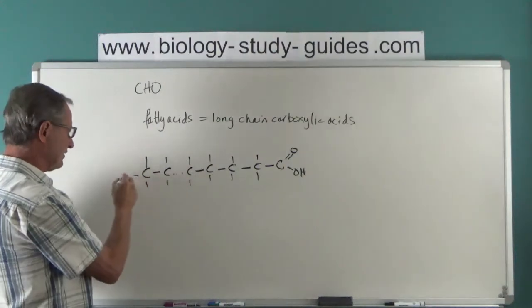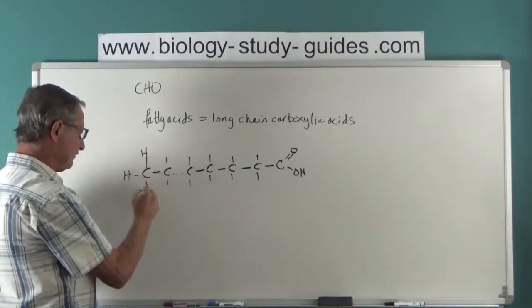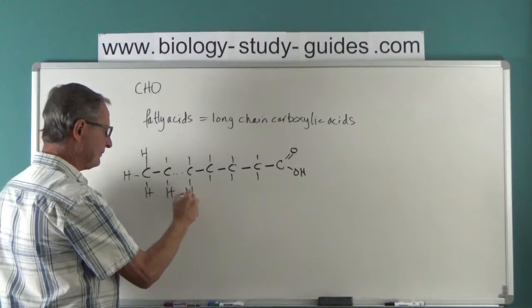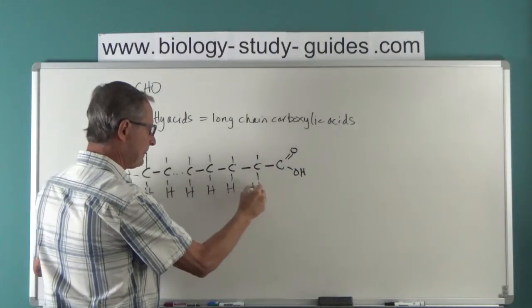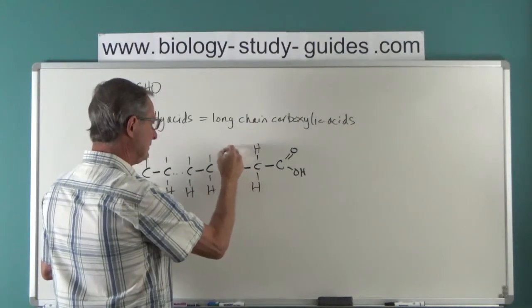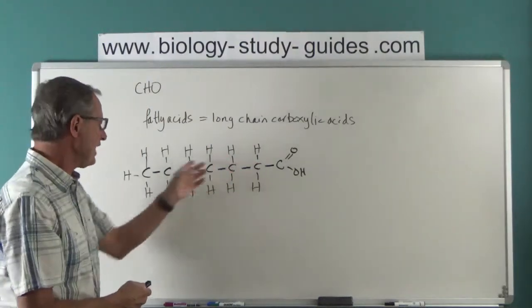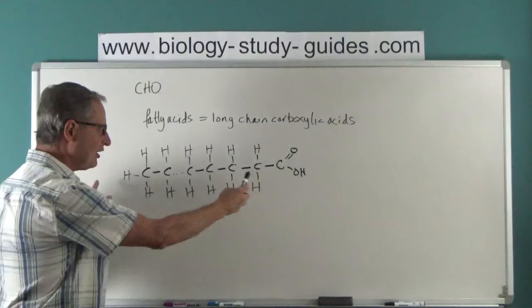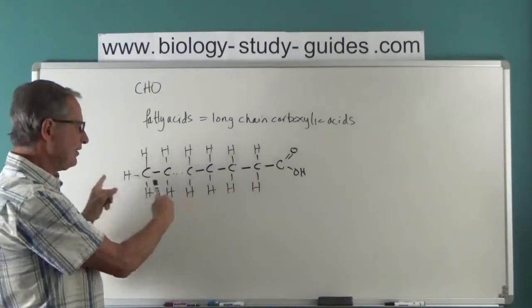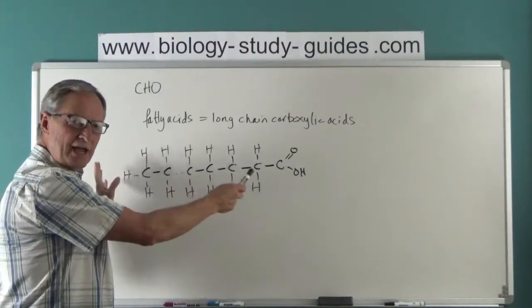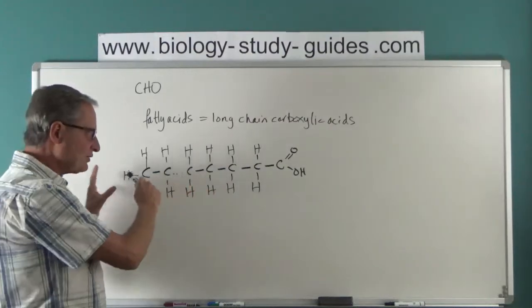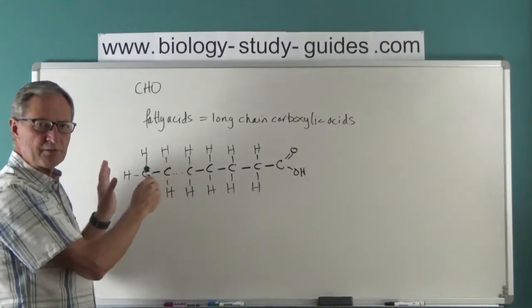There are bonds in here that I didn't draw, and they're filled with hydrogen. There's quite a variation in these things. As you can see, I went dot, dot, dot in here. Well, how long are they? They could be 16 carbons long, or 18 carbons long. And that's one of the ways in which they're so variable.